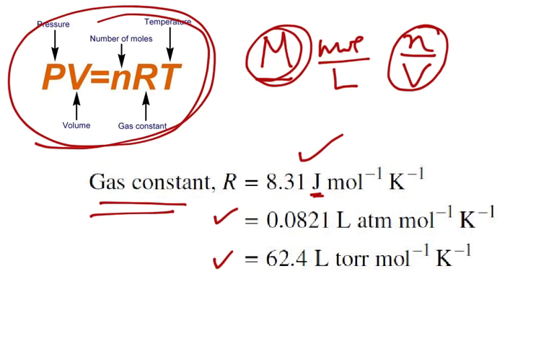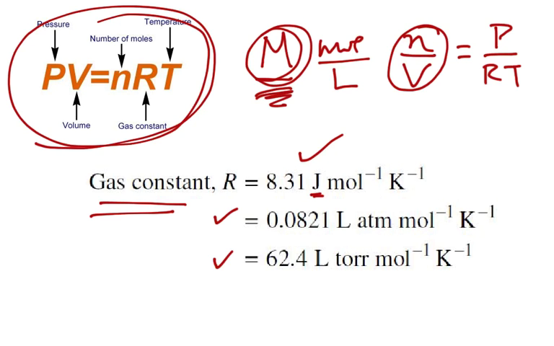So n over V is going to be, I have a little hard time with this, I think that's going to be P over RT. You better verify that, because I'm just doing this in my head. But you can calculate the molar mass of something.